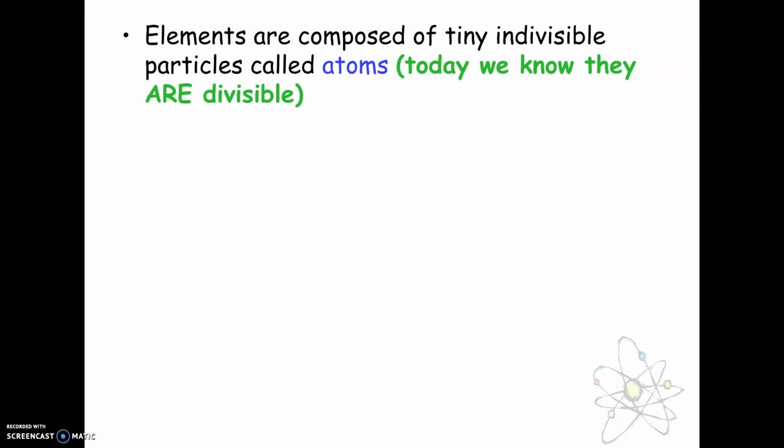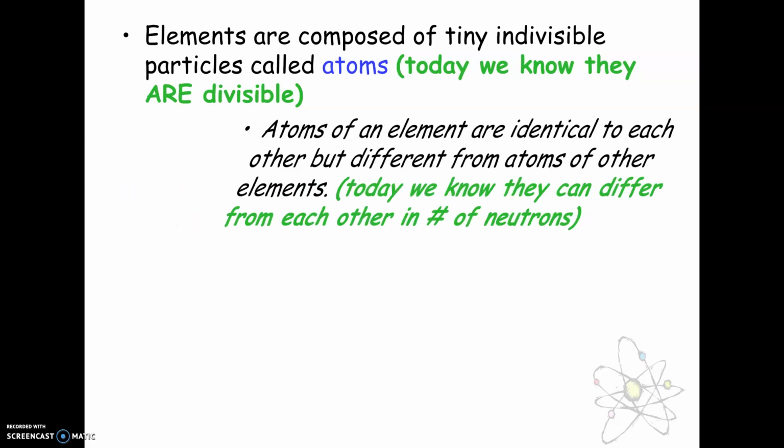Now, he was correct that that was the smallest particle that, again, retains the property of the element. If we go smaller than an atom, we don't actually have gold anymore. Now we just have a proton, a neutron, an electron. So we did modify this a bit. They are technically divisible. There are smaller parts than just atoms, but they are the smallest part of an element.